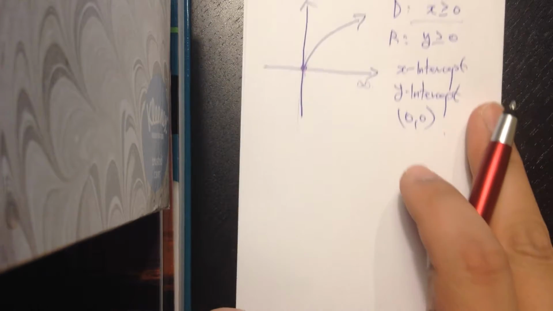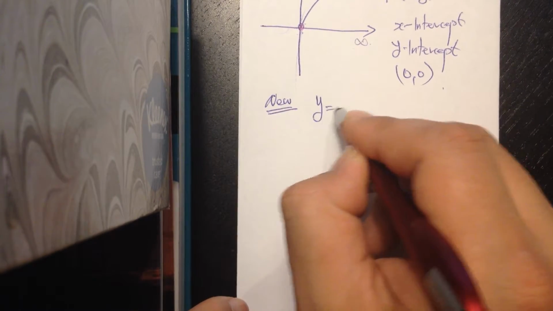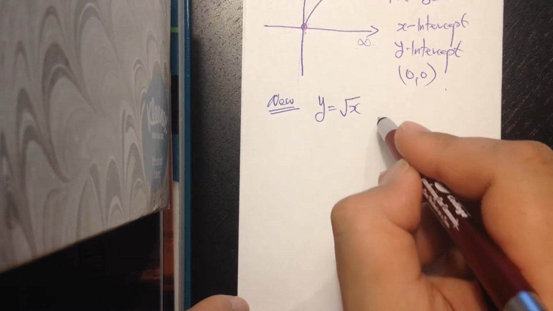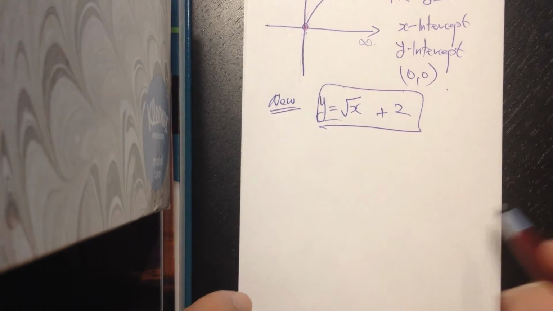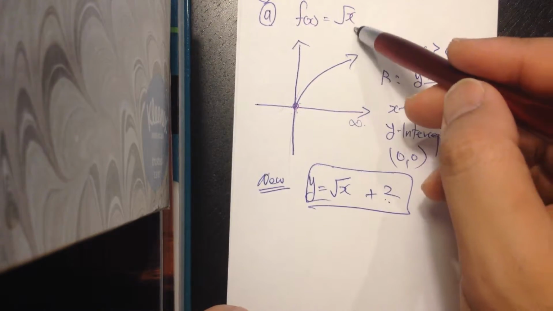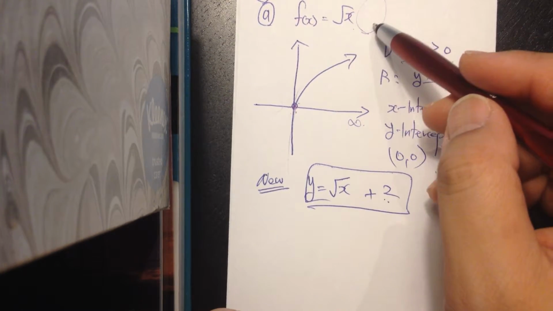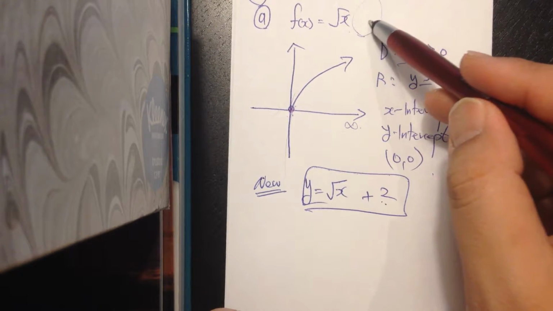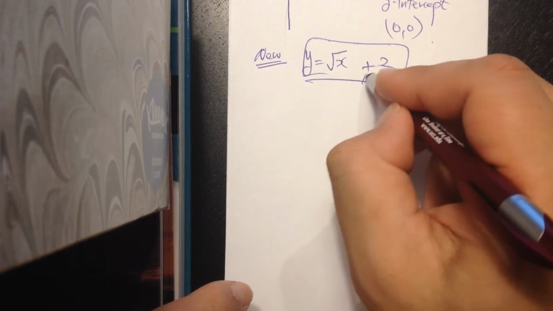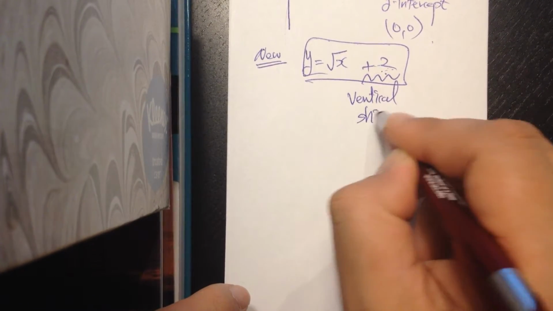Now I wanted to add one more. Now suppose this is not on your packet. This is very important for those who are moving into calculus courses. Suppose we have this function. You see how this is not the same as that one, but very similar. In fact, what we have here is a positive 2. So we say that this is known as a vertical shift.